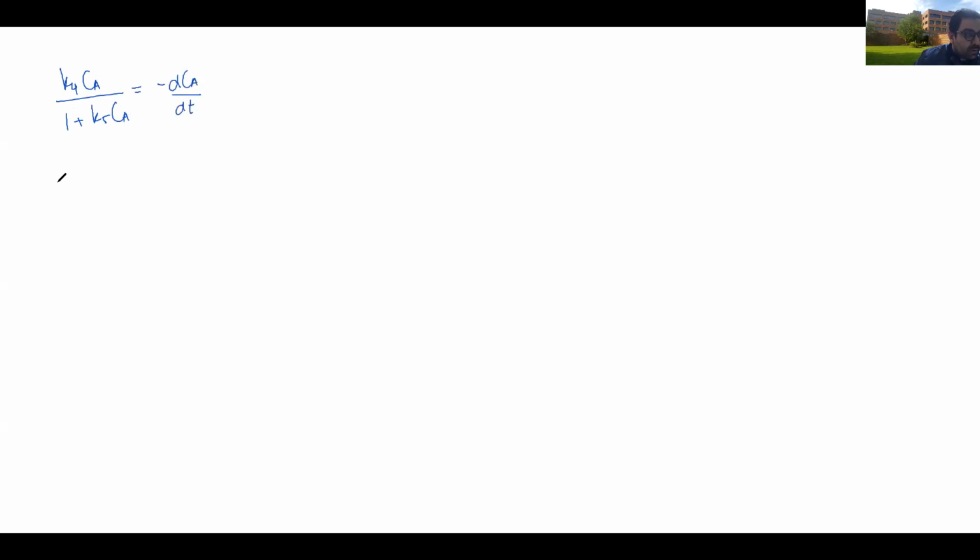We said we're going to separate and start integrating. So I get 1 plus K5 CA divided by K4 CA dCA equal to minus dt. Makes sense?